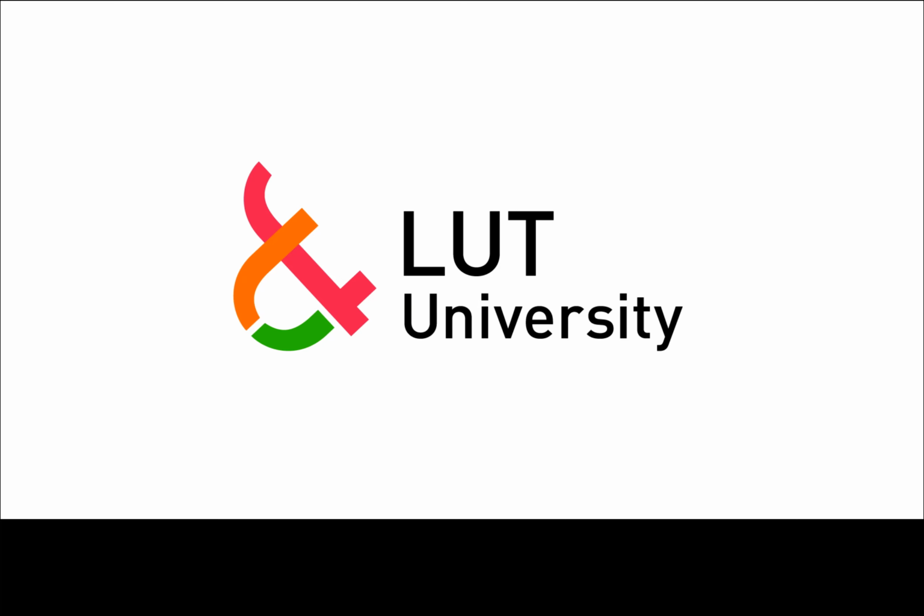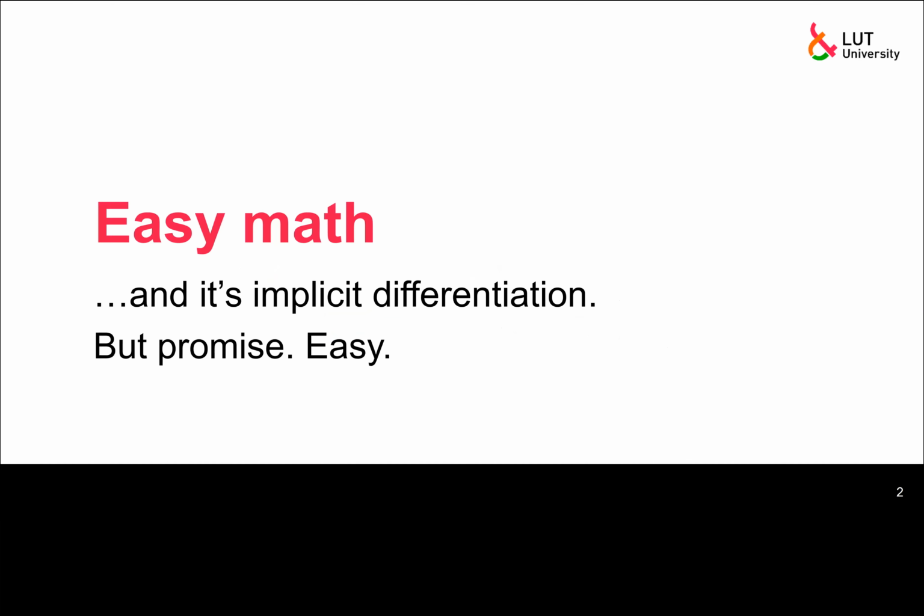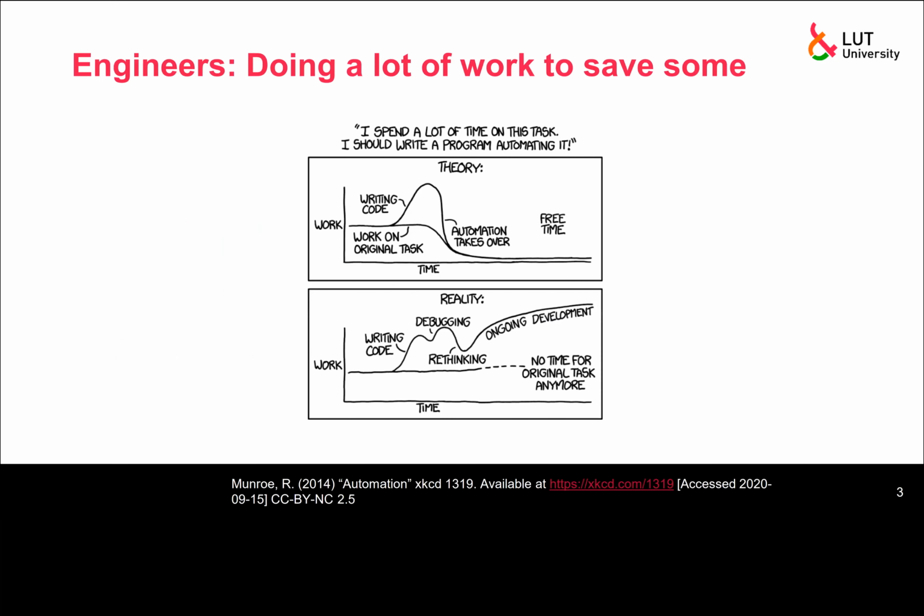And let's have a look with some big promises here. Easy mathematics. When I say easy, I mean that it's implicit differentiation, which was what I previously called the hardest part of the course. But it's actually rather typical of engineers that we do a lot of work to make something easy. The upper image is how it's supposed to work.